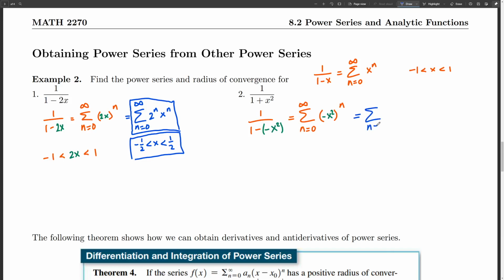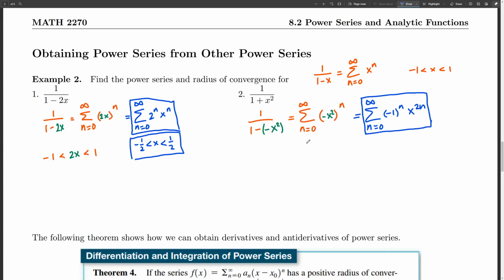Sum from n equals 0 to infinity, and then this is negative 1 times x squared. So I can write that as negative 1 to the power n, and then x squared to the power n. That's x to the power 2n. So that is my power series for that function.